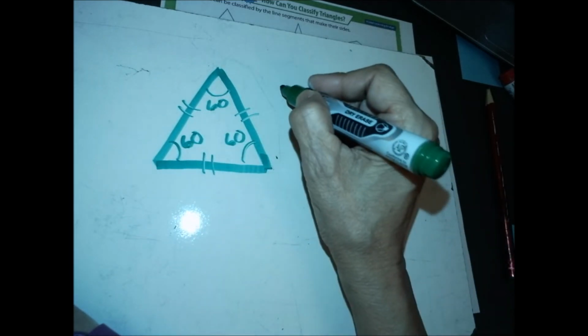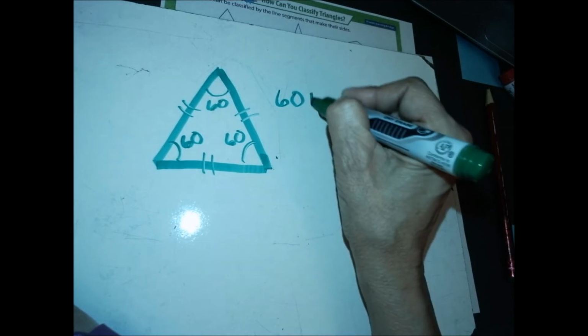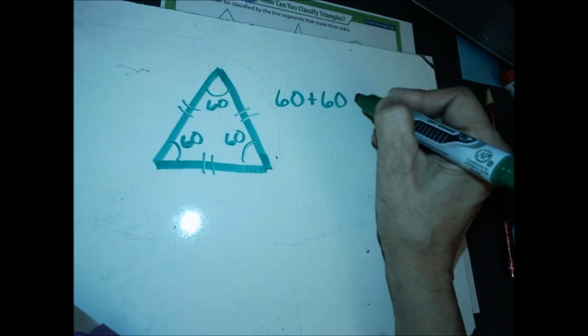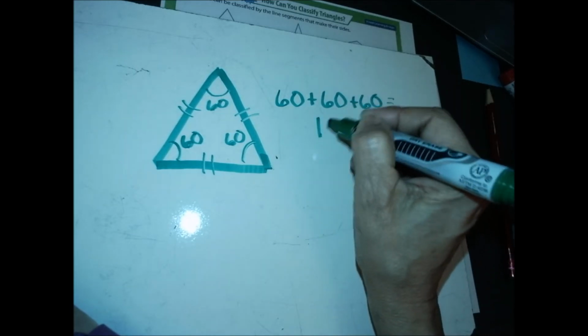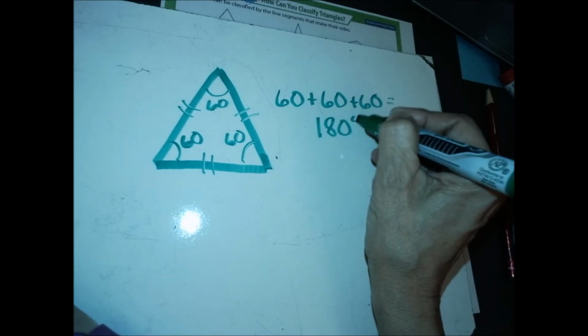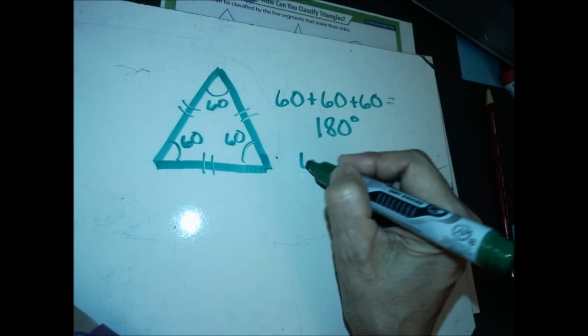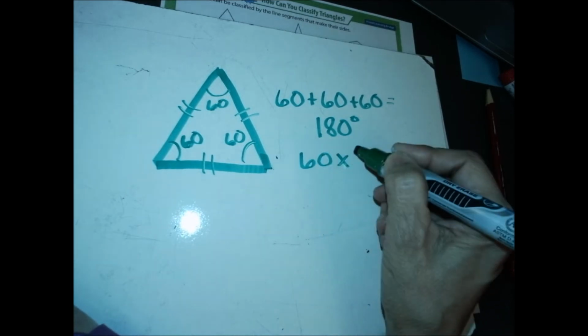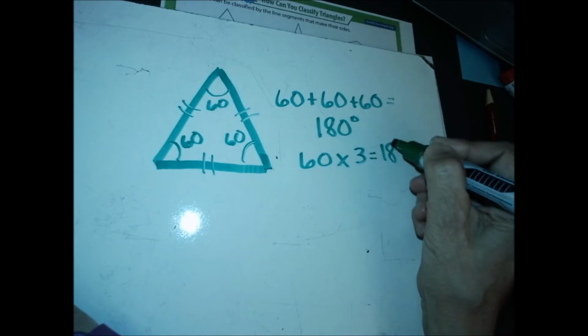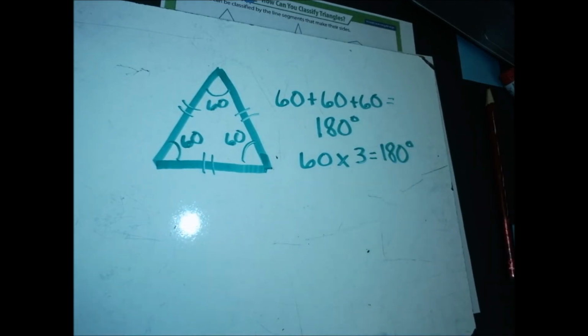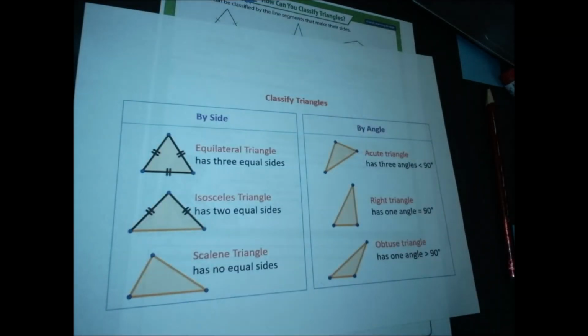So if we take the equilateral and do 60 plus 60 plus 60, you will get 180 degrees, or 60 times 3 equals 180 degrees. And that's what's special about the equilateral. But the equilateral still falls under an acute triangle.